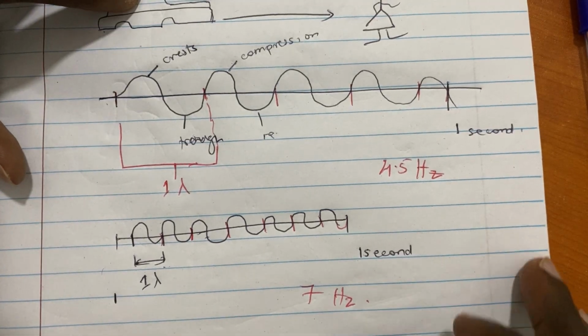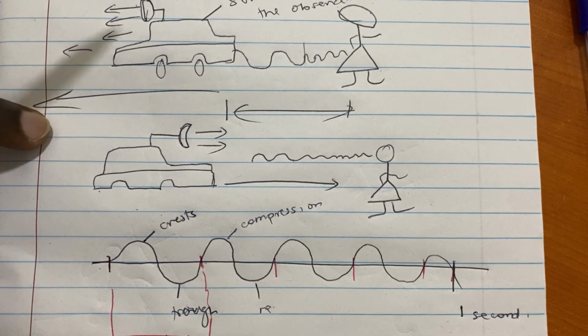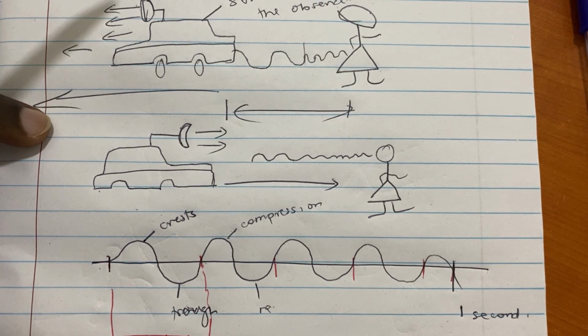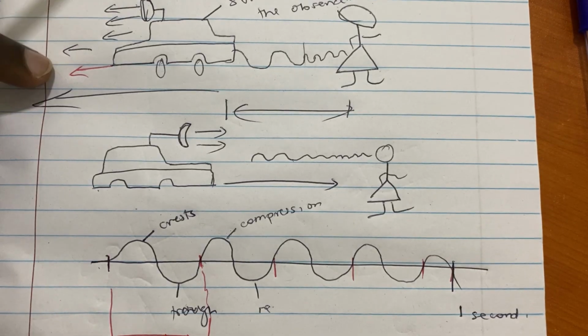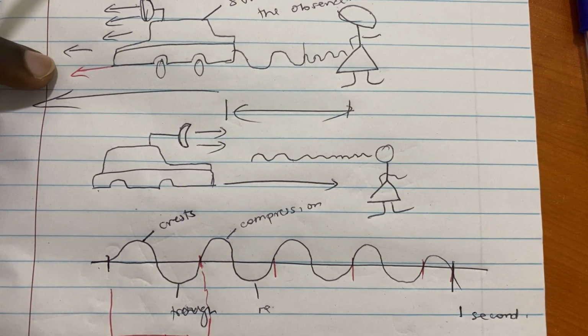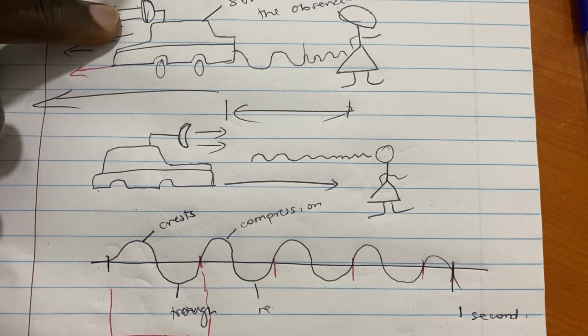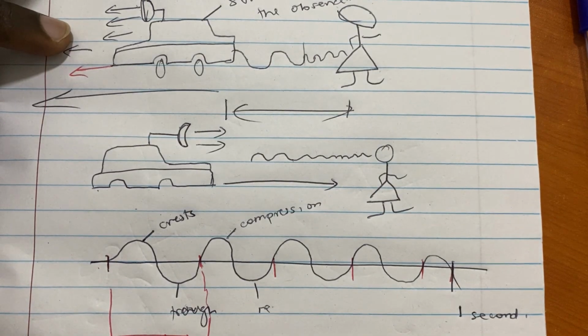So we go back to this analogy here. What is the wavelength? It is just the distance traveled by a wave. For a car moving away from you, the distance that the sound wave from the source should move before it reaches your ear keeps on increasing, as far as the car is moving away from you.